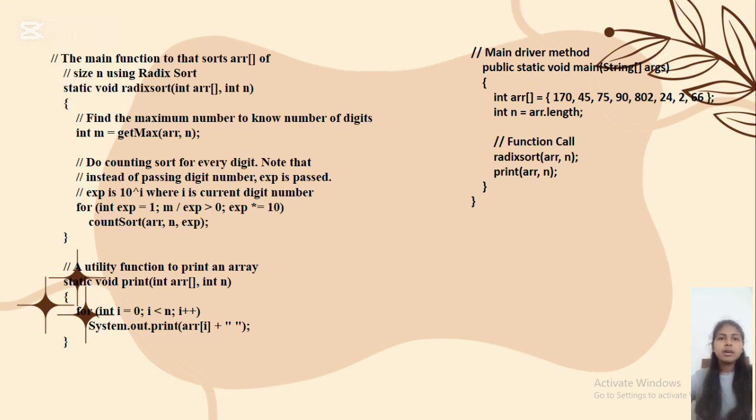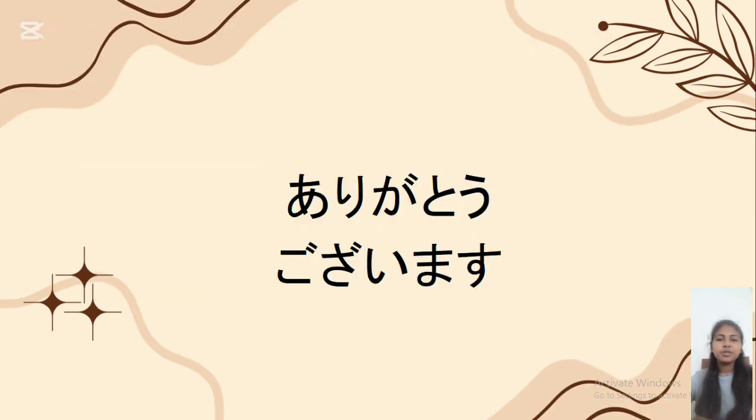First, with integer n, it gets the size of the array, and the radixSort function is called to sort the array. The print function prints the sorted array. So you will get the output as 2, 24, 45, 66, 75, 90, 170, 802.